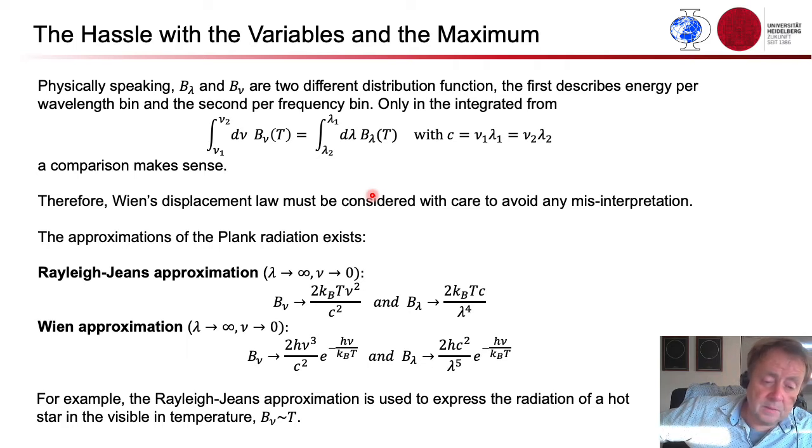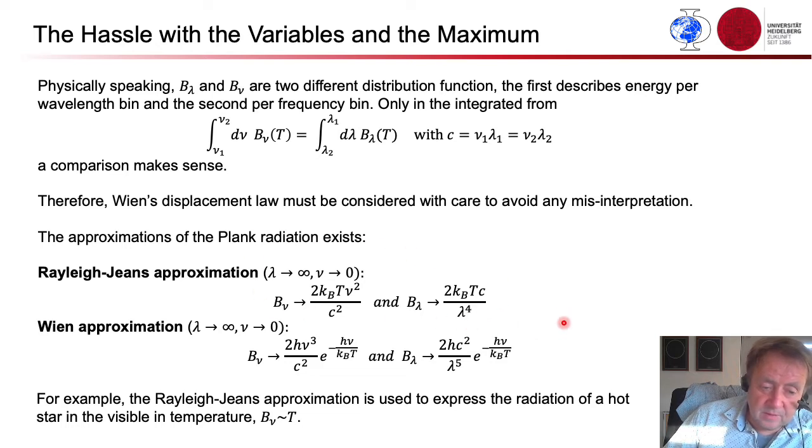And then in this particular case, you can show that the Planck curve can be approximated by a relation which is linear in temperature. 2 times the Boltzmann constant times the temperature times the frequency squared divided by the speed of light squared. Similarly, in the wavelength representation, it is 2 times Boltzmann constant times T times speed of light divided by lambda to the power of 4.